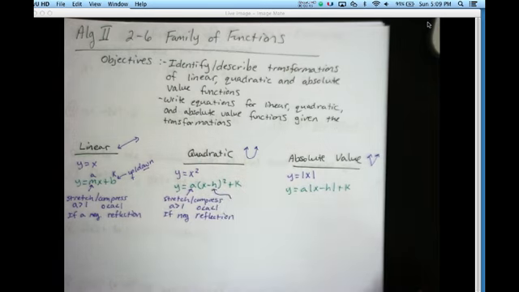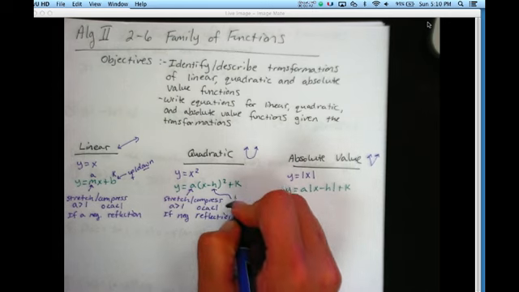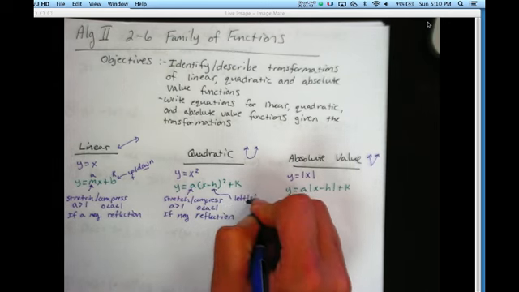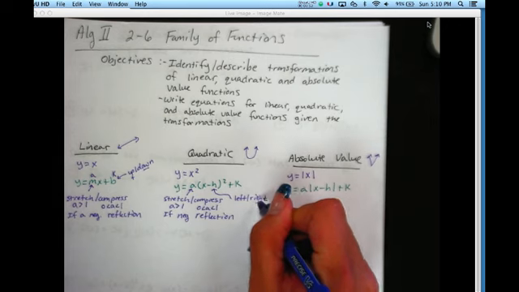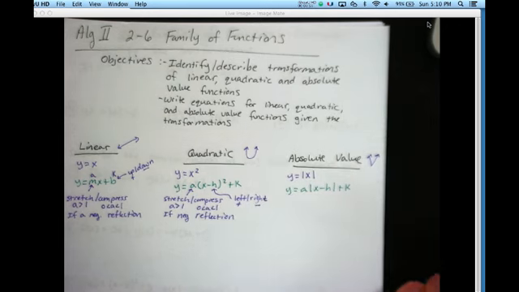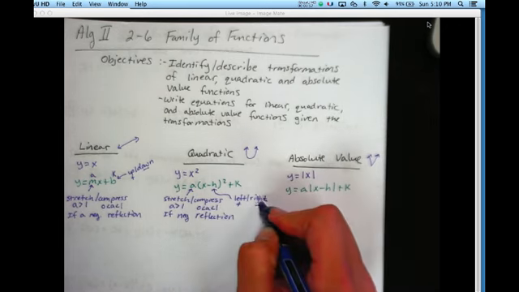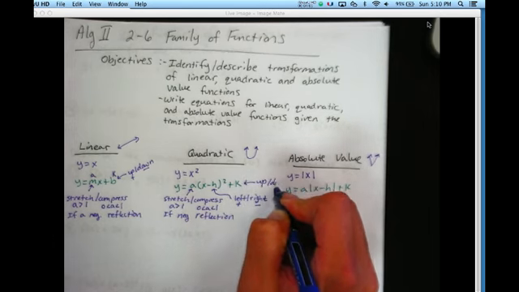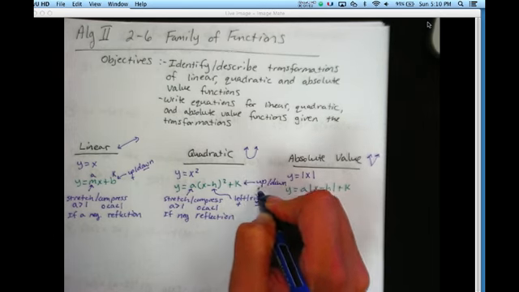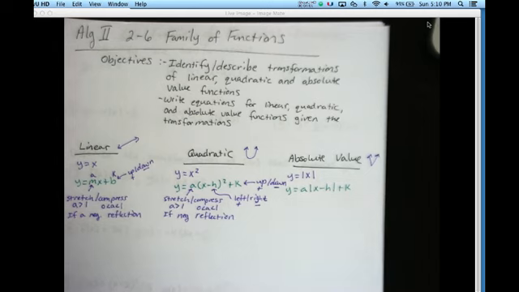Our h value moves it left or right. To move it left, it's positive. To move it right, it's negative. And then our k value moves it up or down. So up is positive, down is negative.